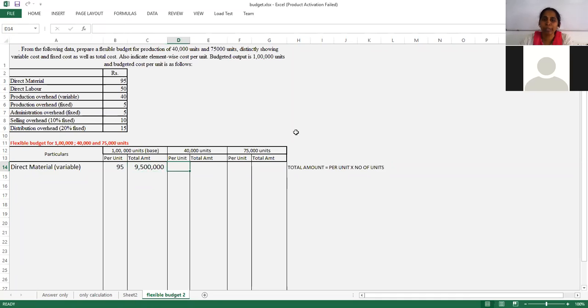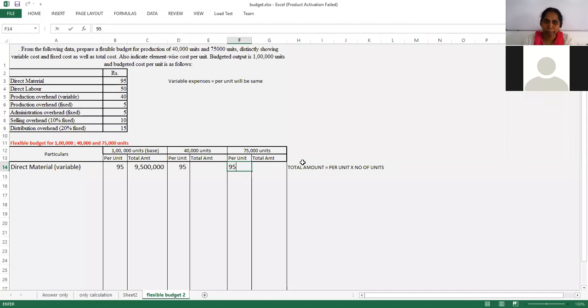Coming to the remaining, you're going to calculate for 40,000 units and 75,000 units. And this is variable. So what is the formula for variable? If it is a variable expense, then the per unit amount will be the same. So I am going to write the same per unit amount in the per unit column.